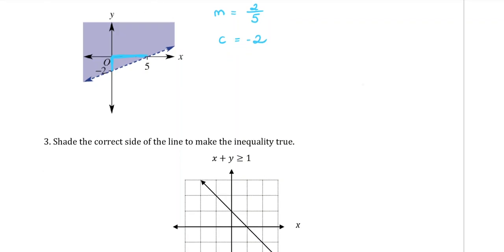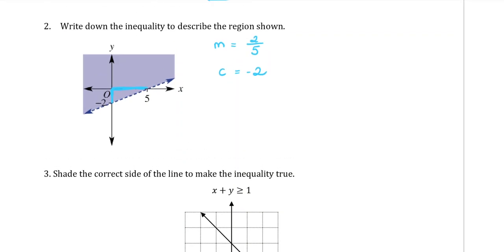So the equation of the line would be y equals mx plus c, which is y, well, I'm going to put an equals for now, but I have to change that. y equals 2/5 x minus 2. The trouble is, because it's got a shaded section, I need to work out what sign needs to go here to know which side I've shaded. Typically the best way to do this is to have a guess and check it by subbing something in.